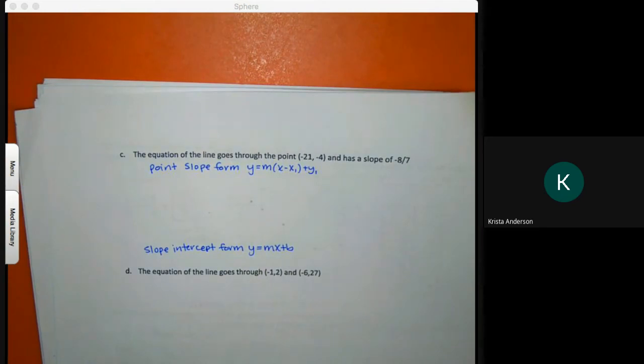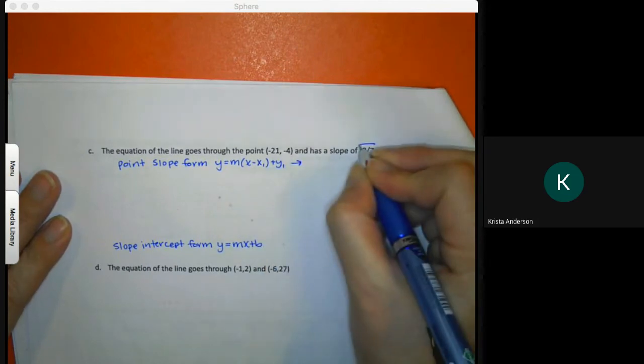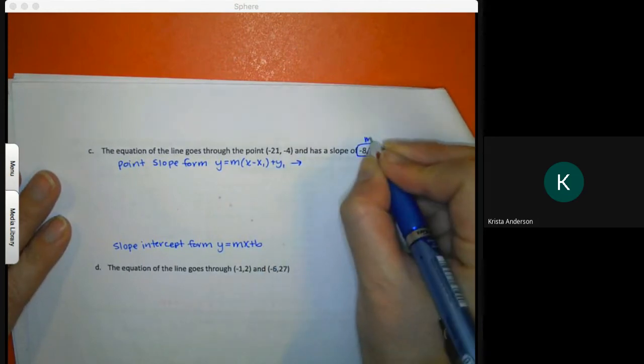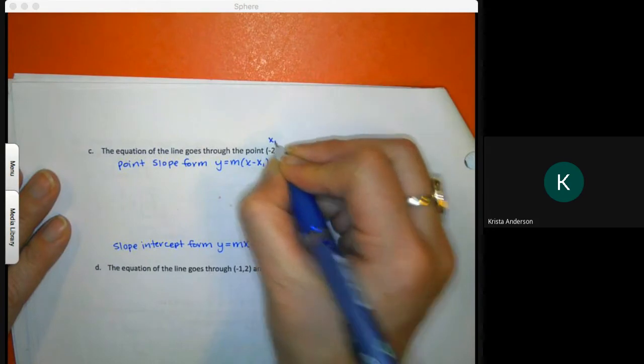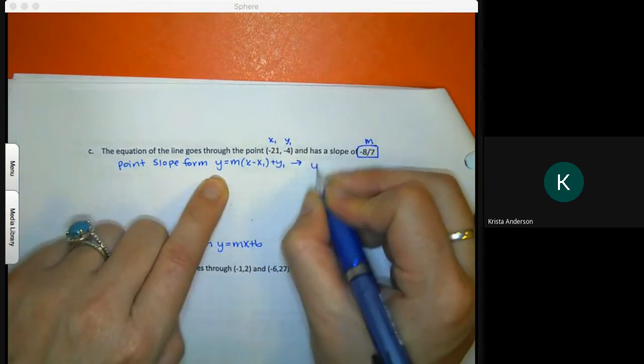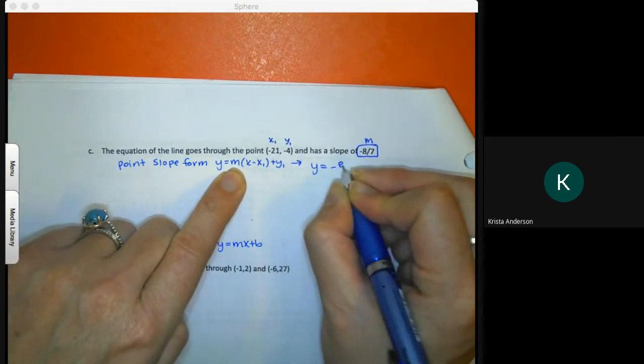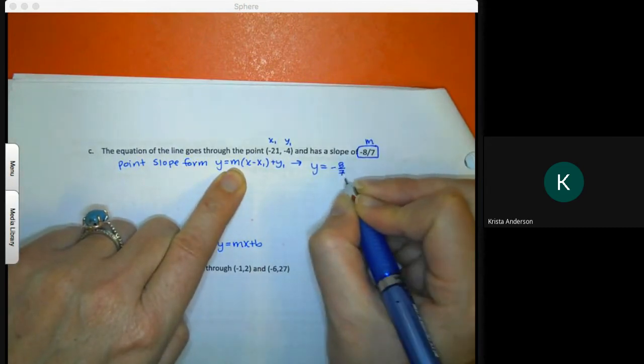So to start, I'm given m, and I'm given an x and a y. So I'm going to place them in. My m is negative 8 over 7.